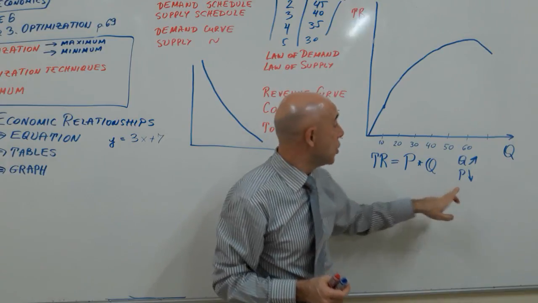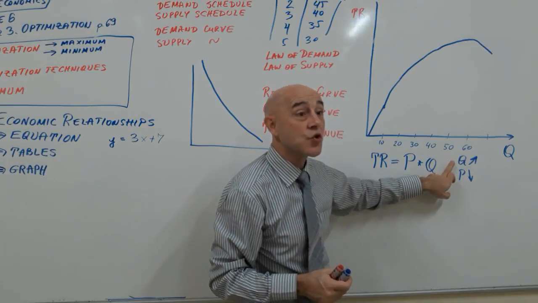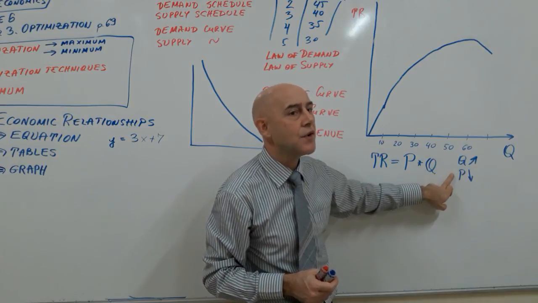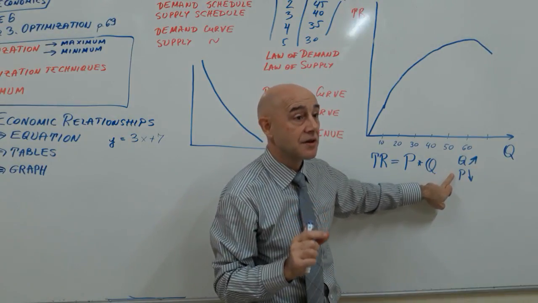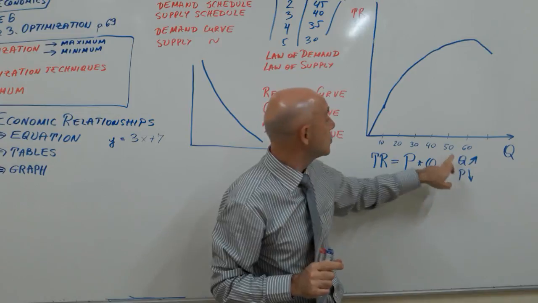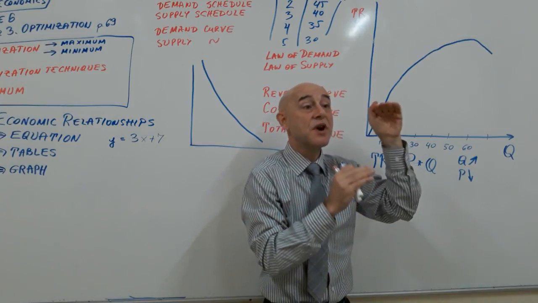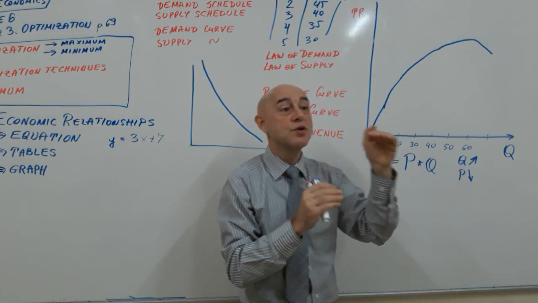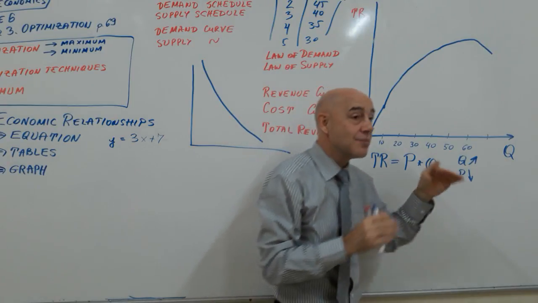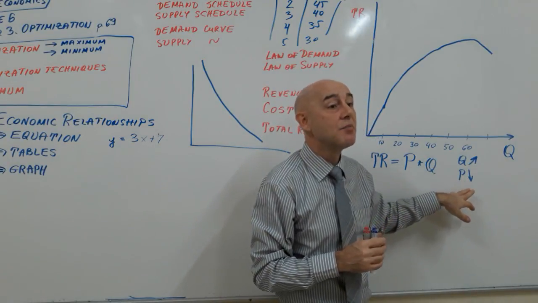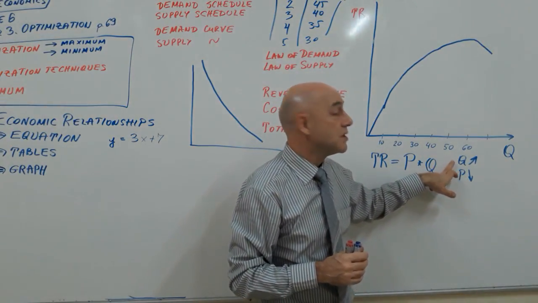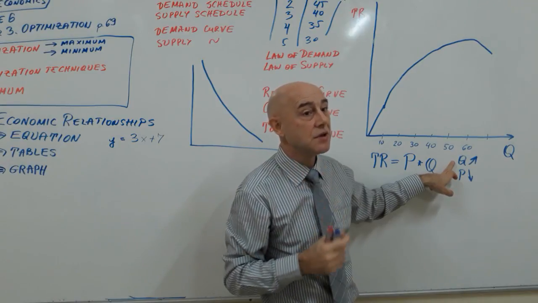Okay? So early on, you can increase the quantity and the price falls little. But then, as you try to increase 10 more units, the price falls more. And 10 more units falls more. And 10 more units, the price falls more so that you suffer total losses.